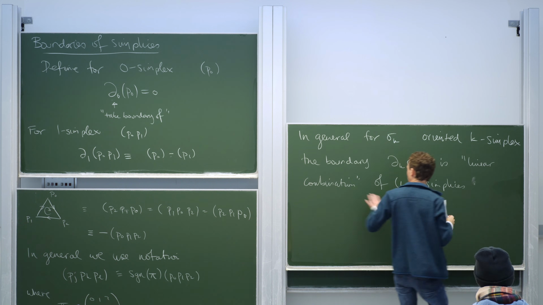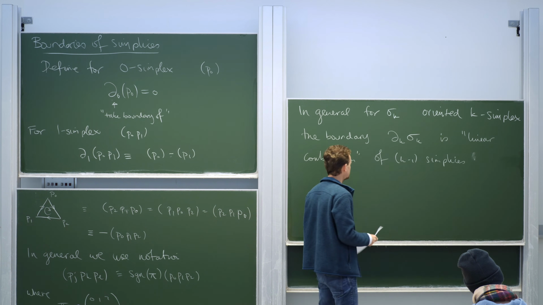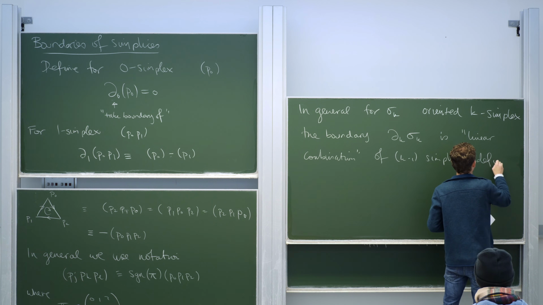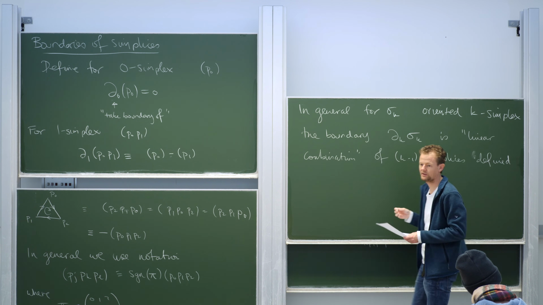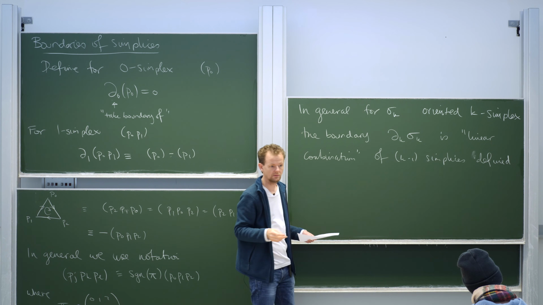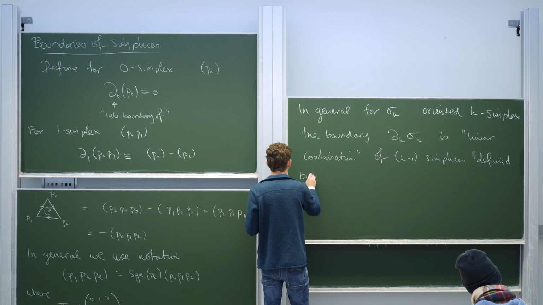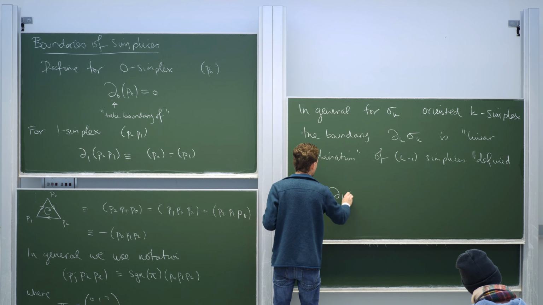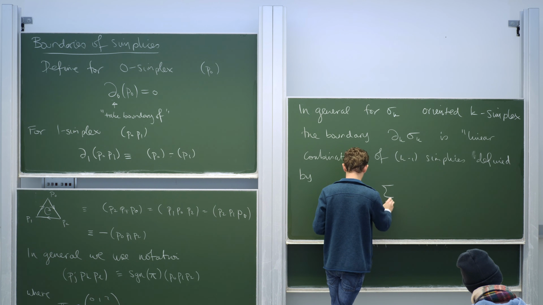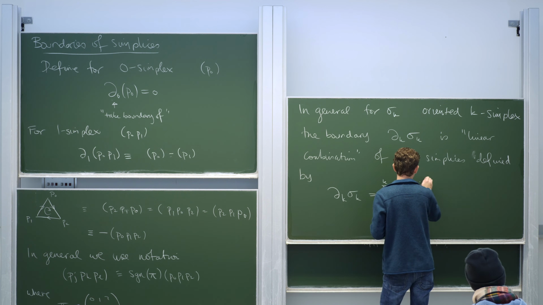It's a linear combination in quote marks because we still haven't given these things a space to live in. So it's still notation. And we're going to check later that this notation is coherent, is well defined with respect to an abelian group. Defined by, so you take the boundary of sigma k, and what you do is you subtract out 1 point from the k plus 1 places where it could be, and then you put in a minus sign.